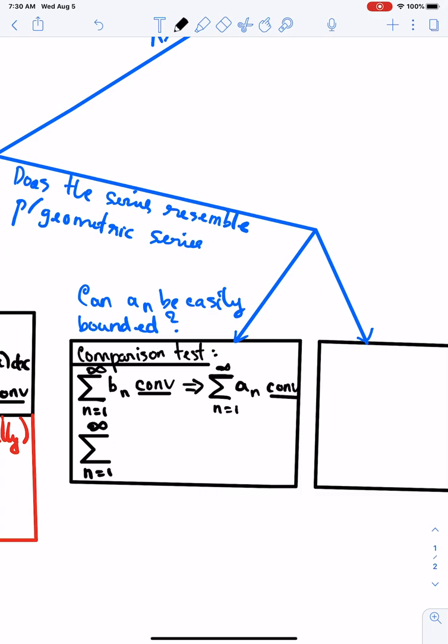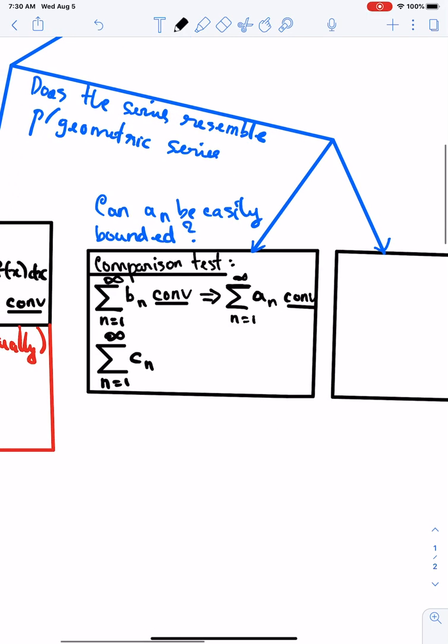Let's say we compare it to some series c sub n, and we know that c sub n is divergent. If a sub n is bigger than or equal to c sub n, and c sub n is divergent, then it implies that a sub n is divergent as well.